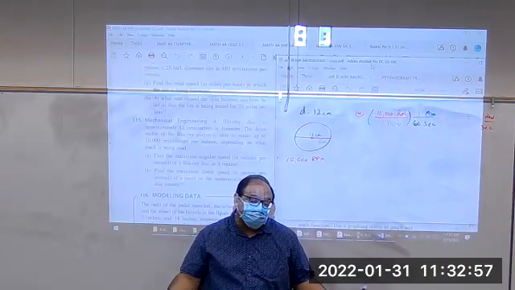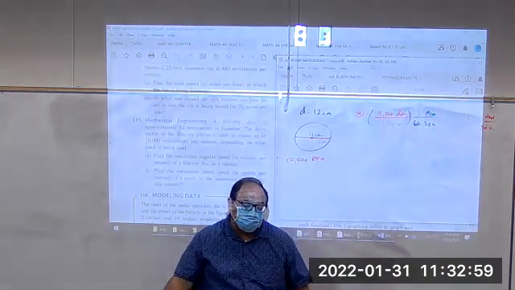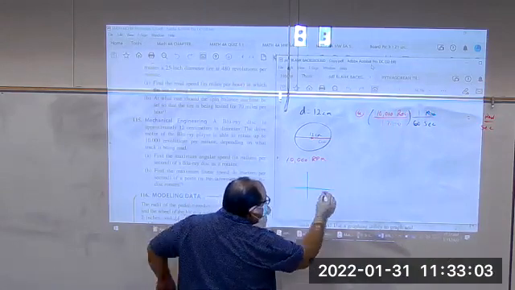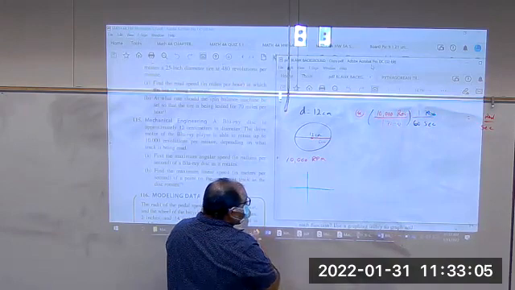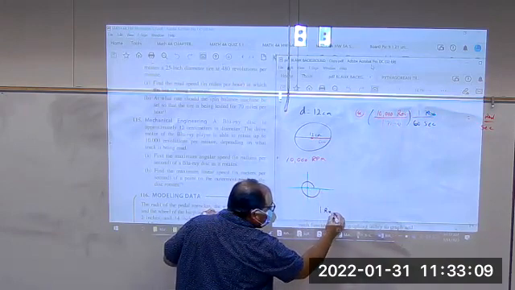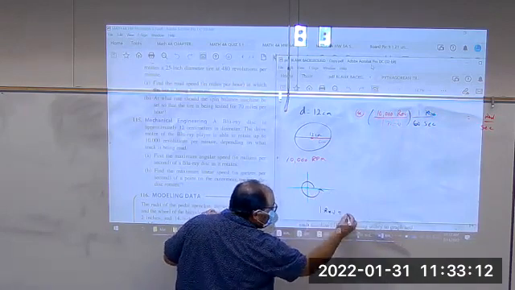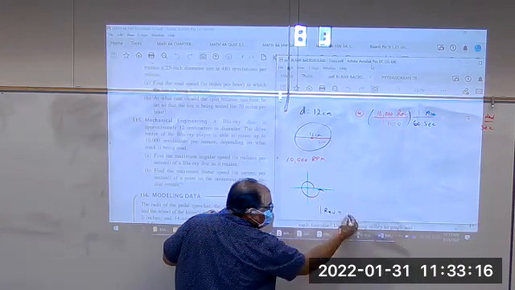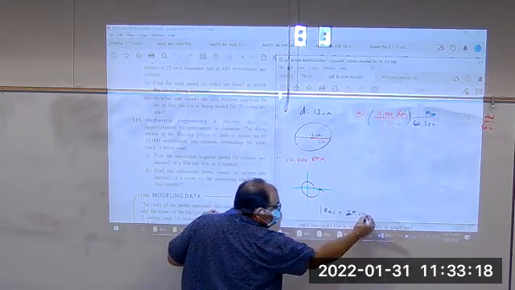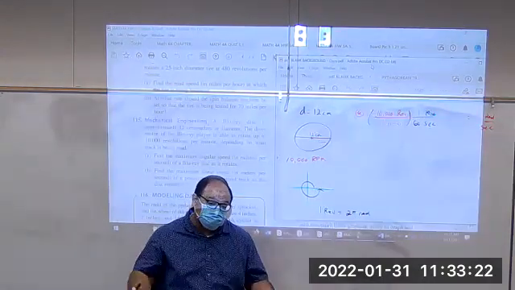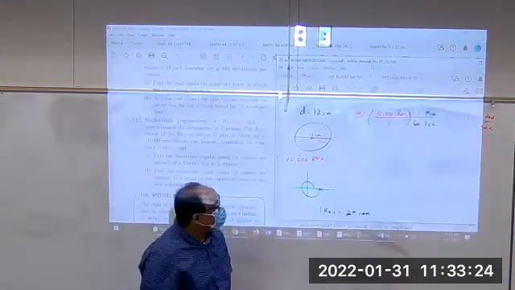So now we've got to get rid of revolutions and convert it to radians. If you have that disc spinning and it makes 1 revolution, how many radians is in 1 revolution? 2 pi radians in every 1 revolution. So that's going to be your conversion number.